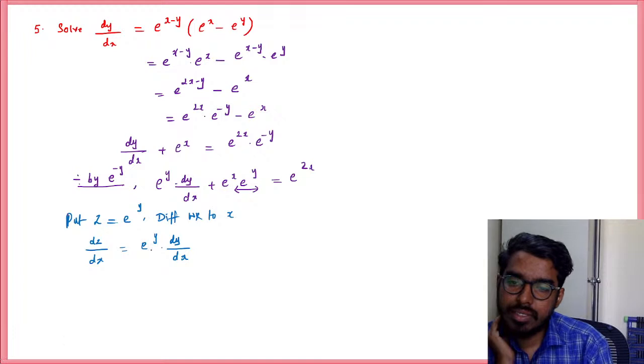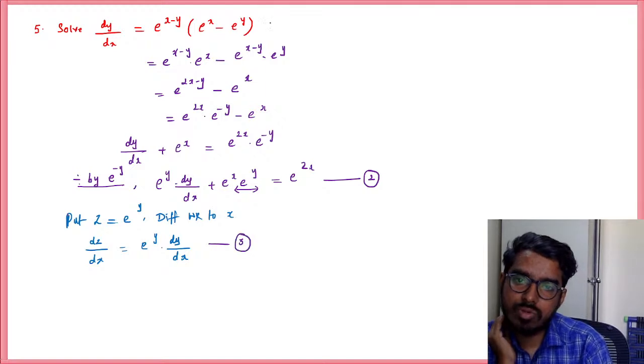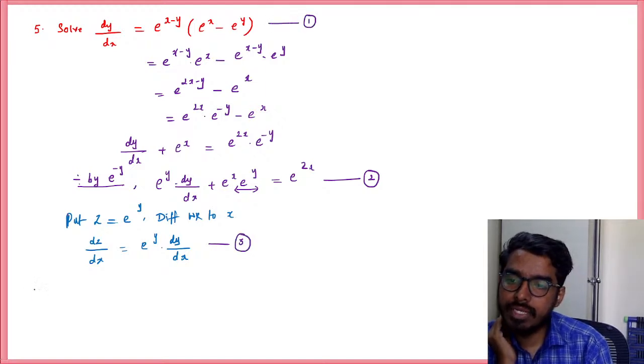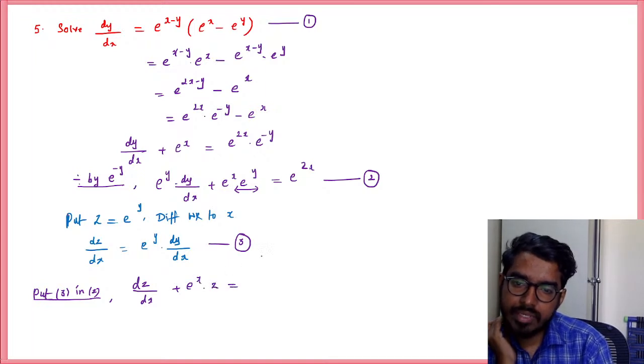Now let's call this equation 2, call this 3. So put 3 into it. Therefore you will have e power y dy by dx is dz by dx plus e power x into z is equal to q, which is e power 2x.